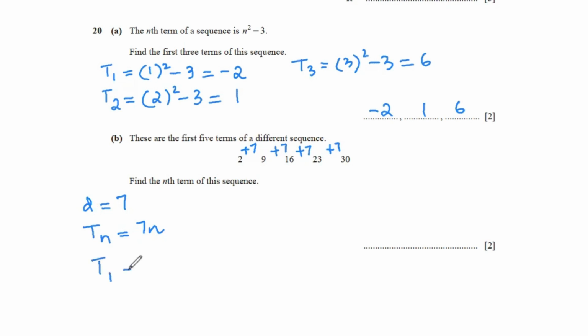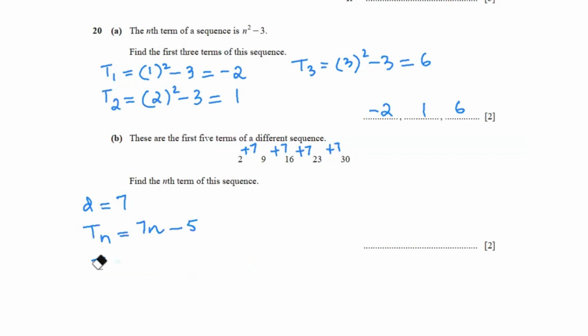So for the first term, 7 times 1 is 7. Now we can see that 7 is not equal to 2, because in the sequence, the first term is 2. So to reach the same value, we will subtract 5 from 7, because 7 minus 5 is 2.